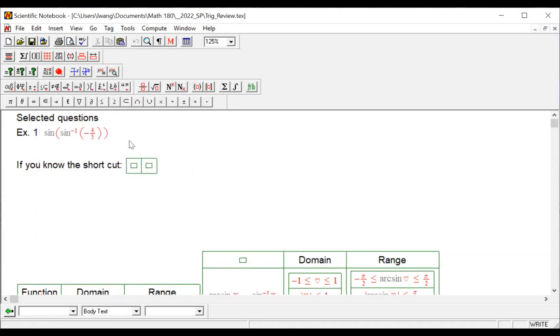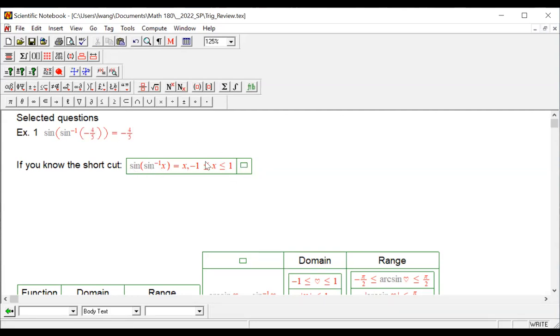One is that sine of arc sine of x equals x. This x is a ratio, so if this ratio is between -1 and +1, you can just apply the shortcut. I know these could be difficult to remember. So the answer is just going to be -4/5.